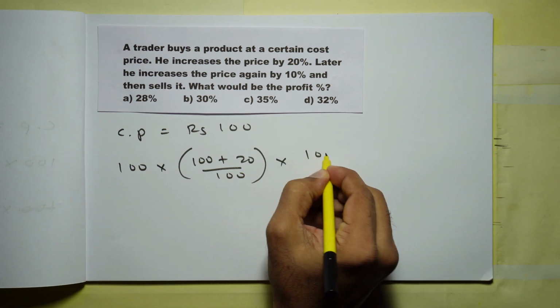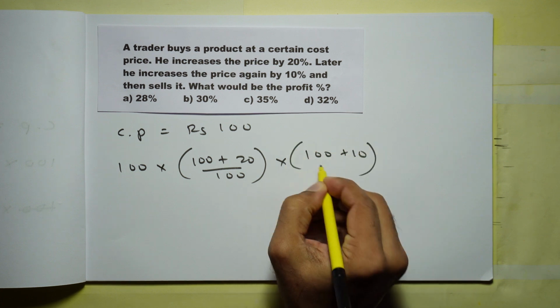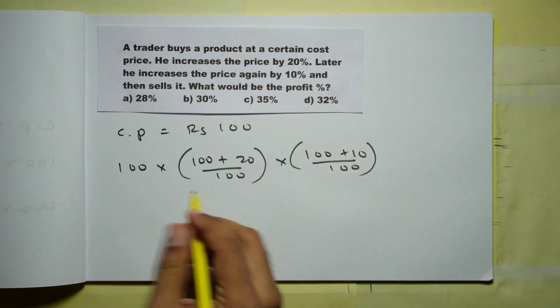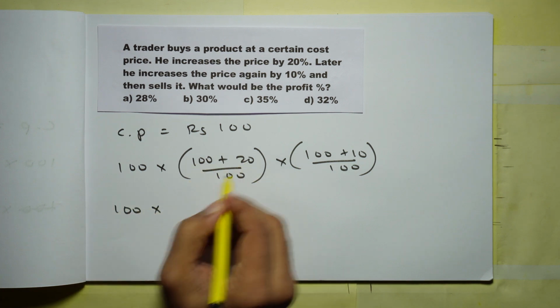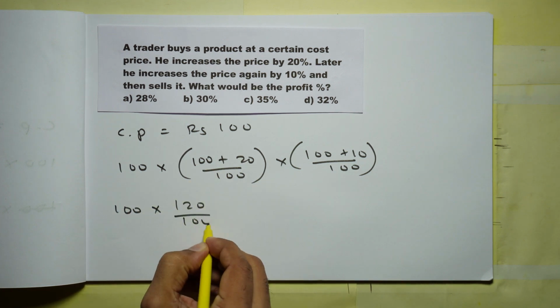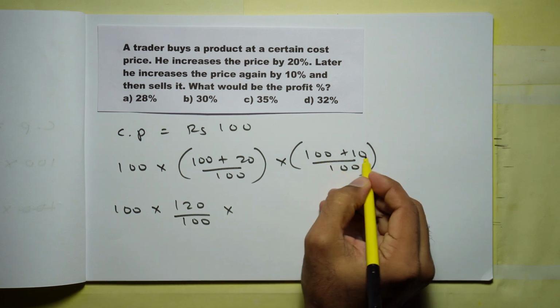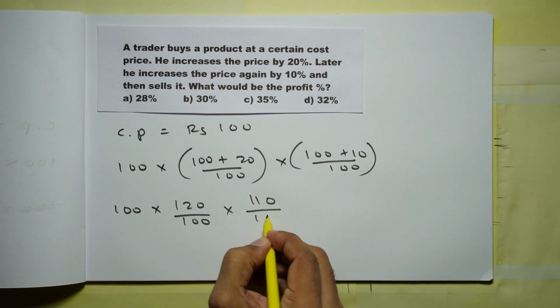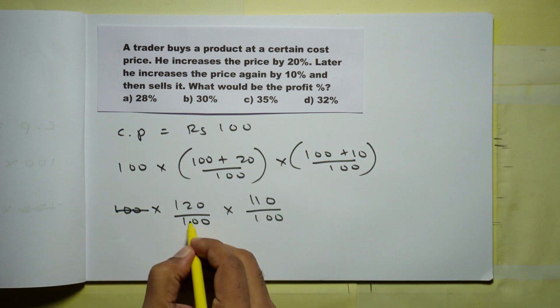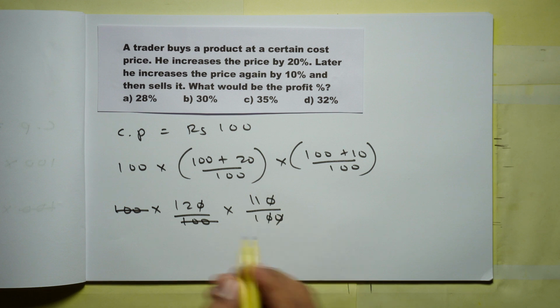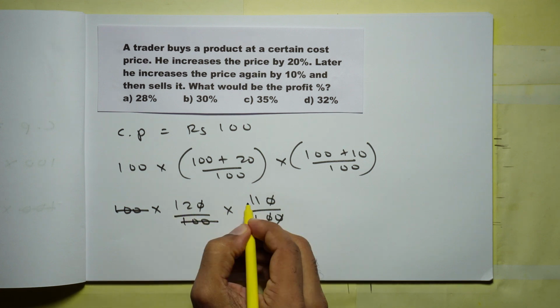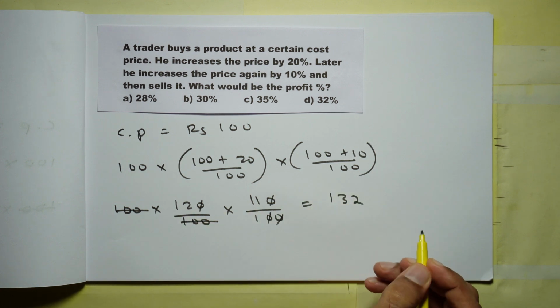So that will be into 100 plus 10 by 100. Let us calculate this value. 100 into 120 by 100 into 110 by 100. I'll cancel out the hundreds and the zeros also. So you will get the final value as 12 into 11, which gives you 132.